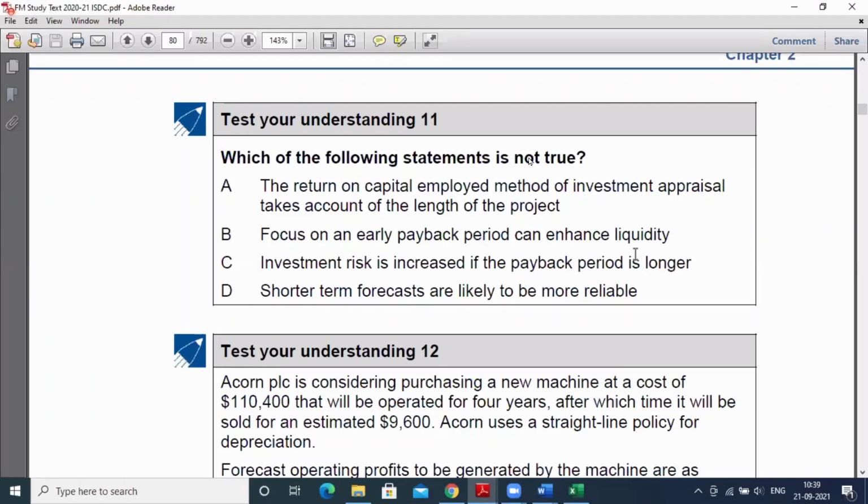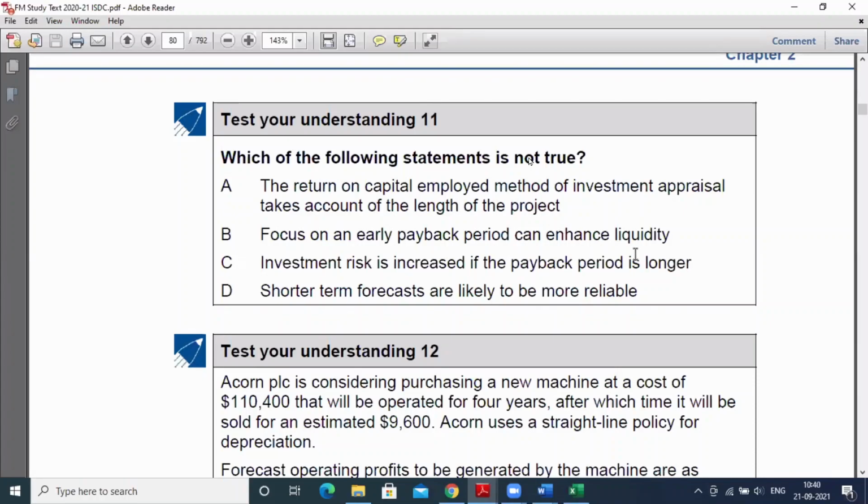Now first we'll discuss step by step. The return on capital employed method of investment appraisal takes account of the length of the project. Now what does it mean? Does it take the total life of the project or only a specific period?